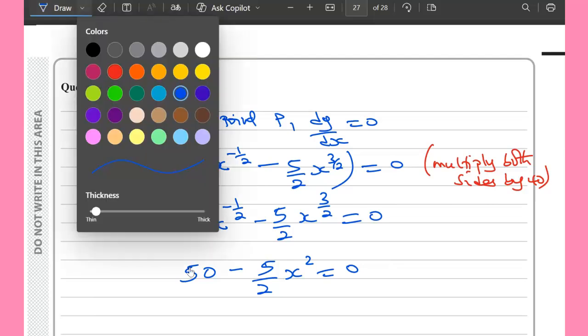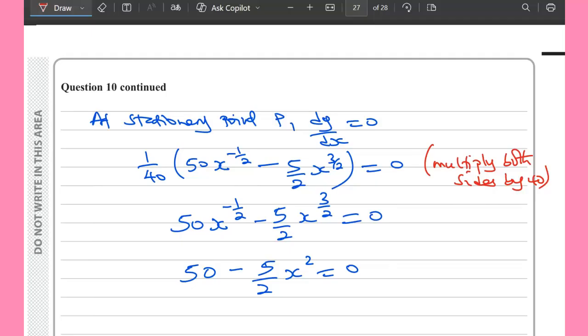Maybe if I can highlight, what I've done is just multiply by x power a half, for the purpose of removing the negative power from x.